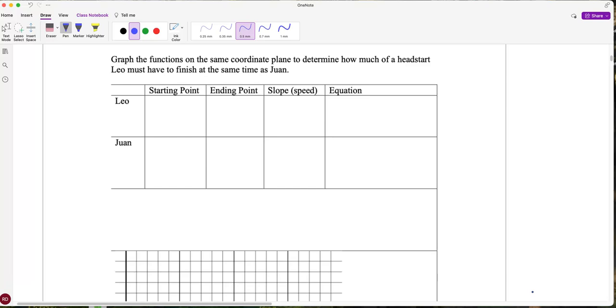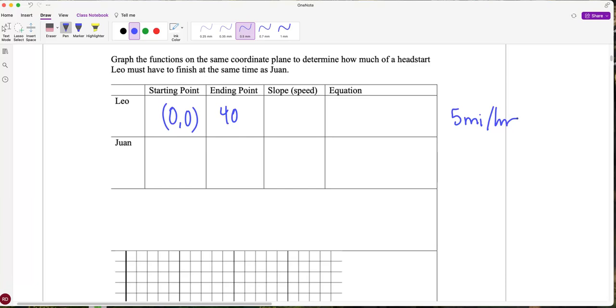Okay, so if I look at their starting points, Leo starts at 0, ending at 40 miles. So he's starting at (0, 0). And we know he's going 5 miles an hour, and he's going to go for 40 miles.